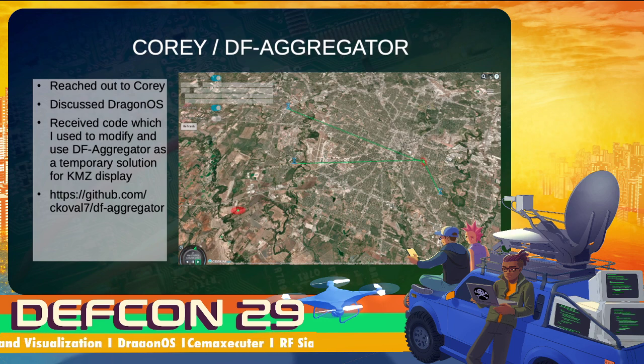All right, anyways, so Corey and DF-Aggregator. You can see on the right what DF-Aggregator looks like from the GitHub page. What it's designed for is the Kerberos SDR and direction finding, but I could see the ellipses on the map, and I could see how I could use this for Signal Server and the web server application in order to have something to display the propagation plots on.